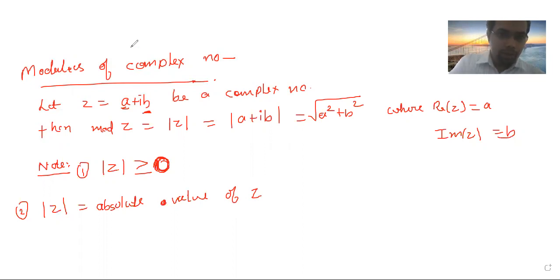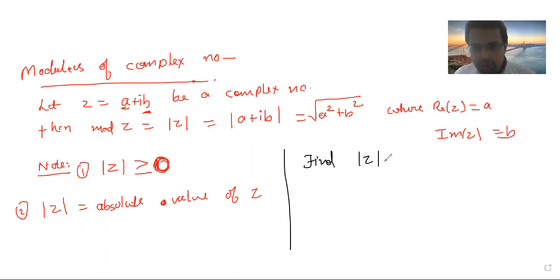For example, we can solve a question here. Find mod z if z is equal to 5 plus 5i. Simply take the real part and the imaginary part and make it a square root.